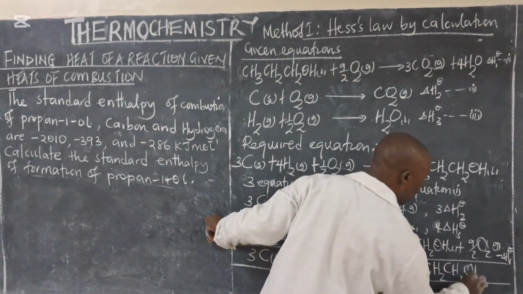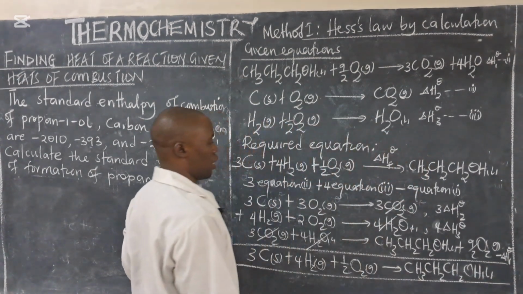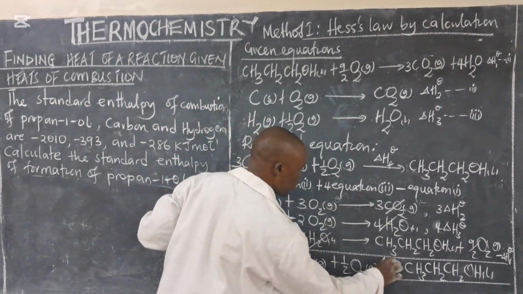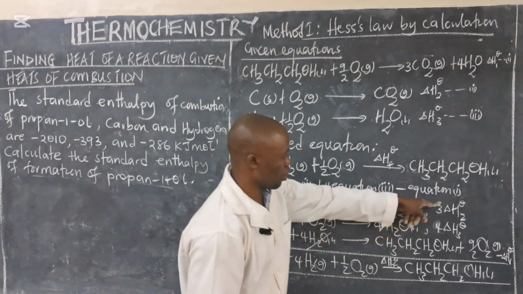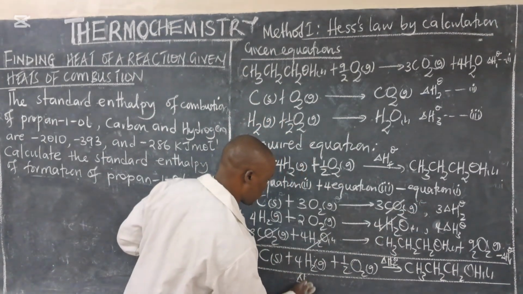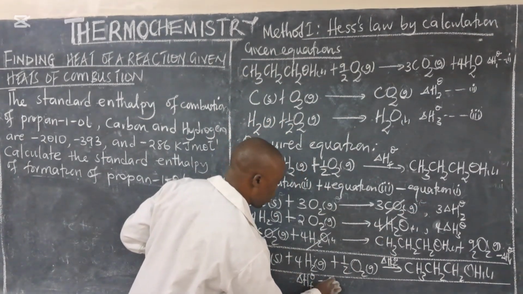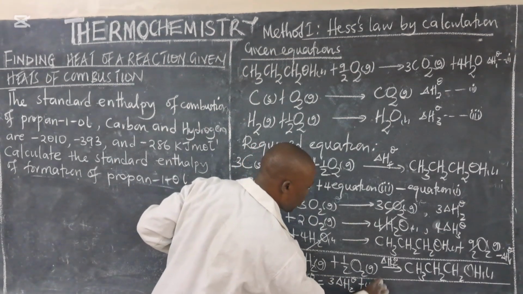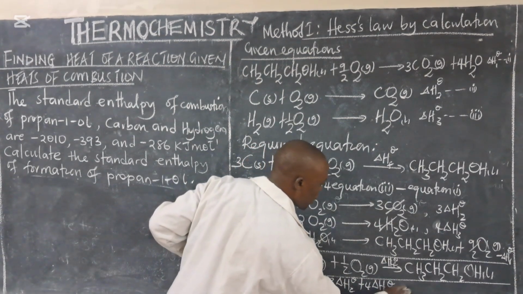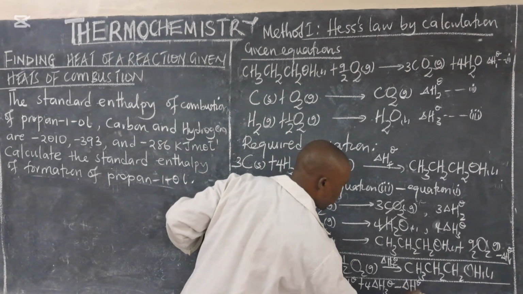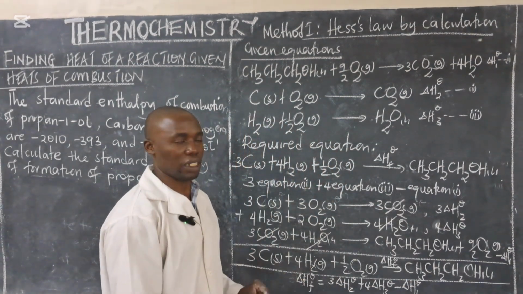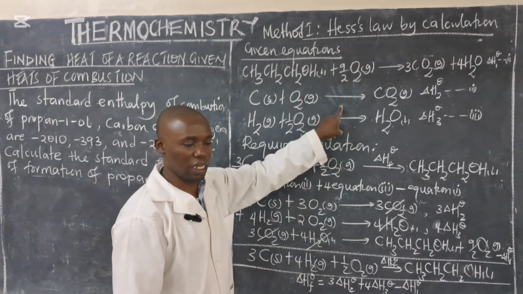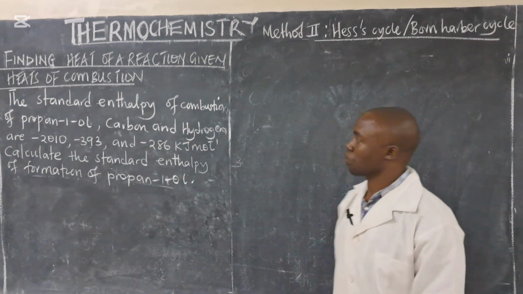So this is propan-1-ol liquid. You would have it computed as this value equals this plus this: 3 of this value plus 4 of this value, then subtract this value. It will yield the same answer, but this is kind of a waste of time because we are repeating this same work here. Let's look at method 2.